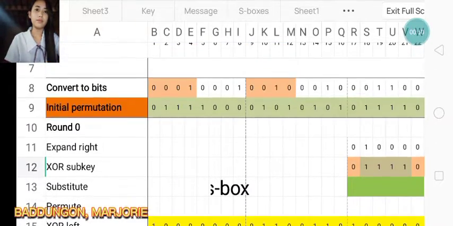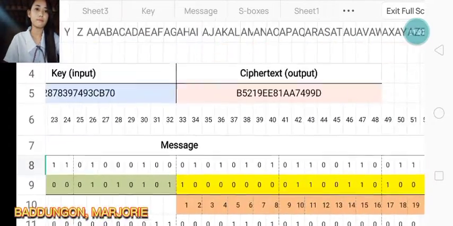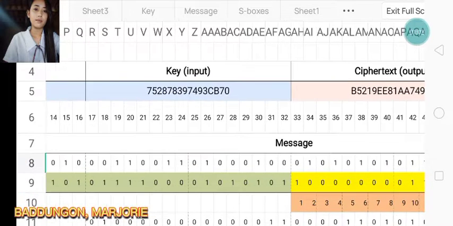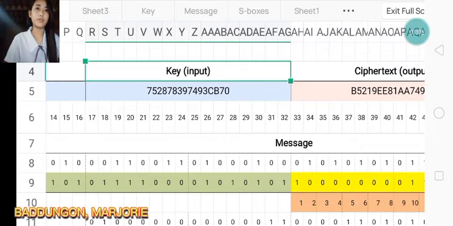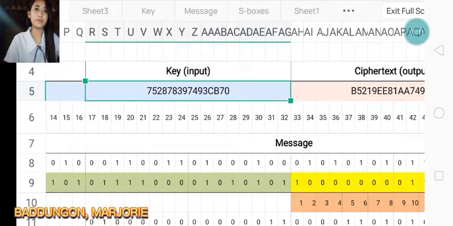So let's begin with the convert to bits. In the table below, with the given 16-bit key, we will be converting the 16-bit key to binary, using the hex method in getting the text in the binary.